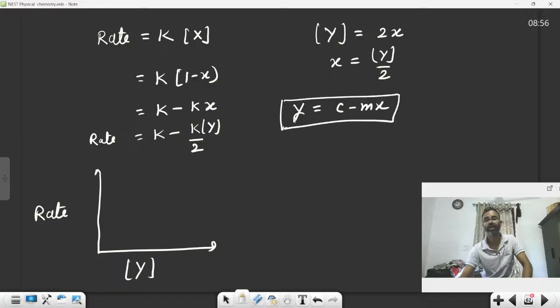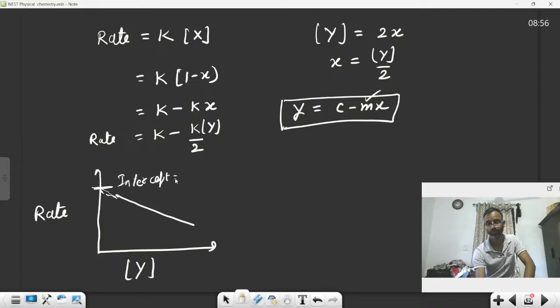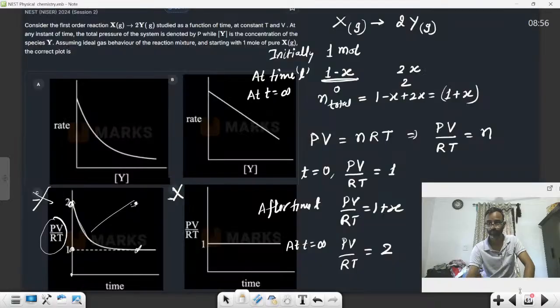It is a straight line equation with negative slope. So it is like this. Intercept is K and slope is minus K by 2. That means B option is correct.